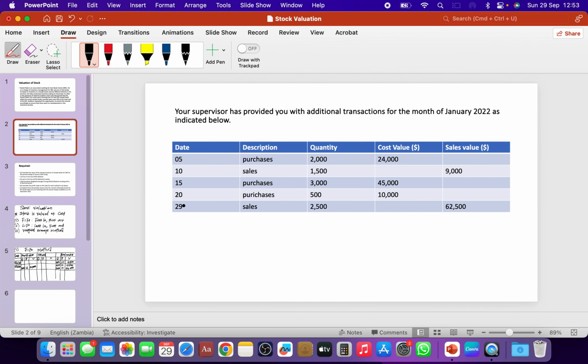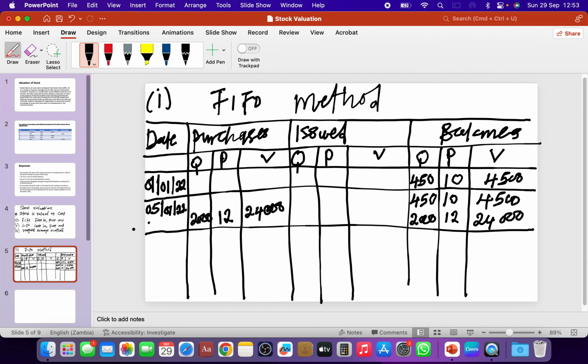The next transaction happened on the 10th of January. We sold units. On the 10th of January 2022, we issued out stock of 1,500 units. Now, remember that the method we're using to value our stock here is FIFO, which says the first stock that came should be the first one to be sold.